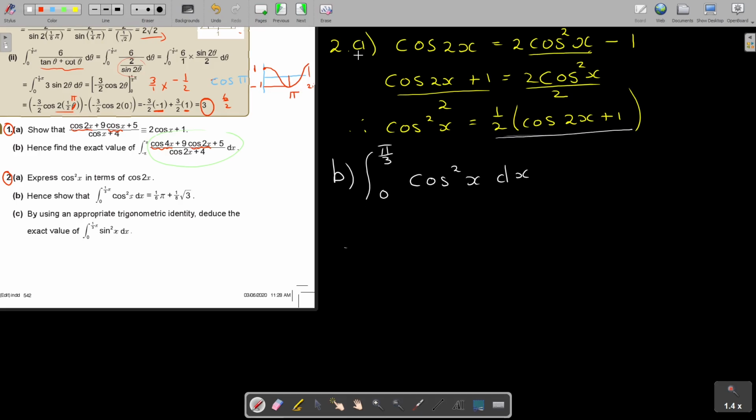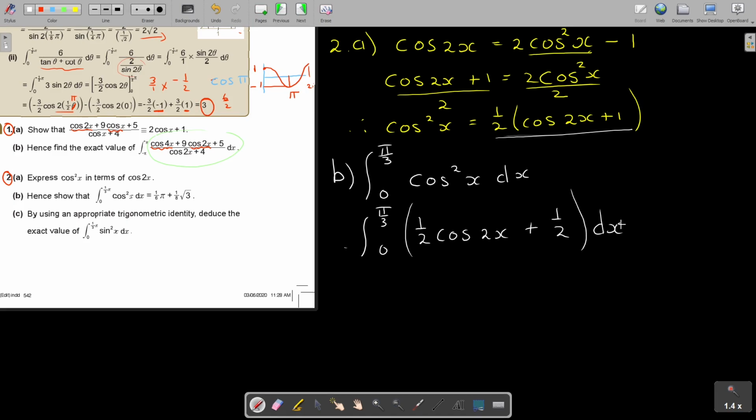Usually A helps you in B. So let's keep it pi over 3, 0. And now I'm just going to multiply it in. So it's a half cos 2x plus a half, and that is going to be integrating to x.